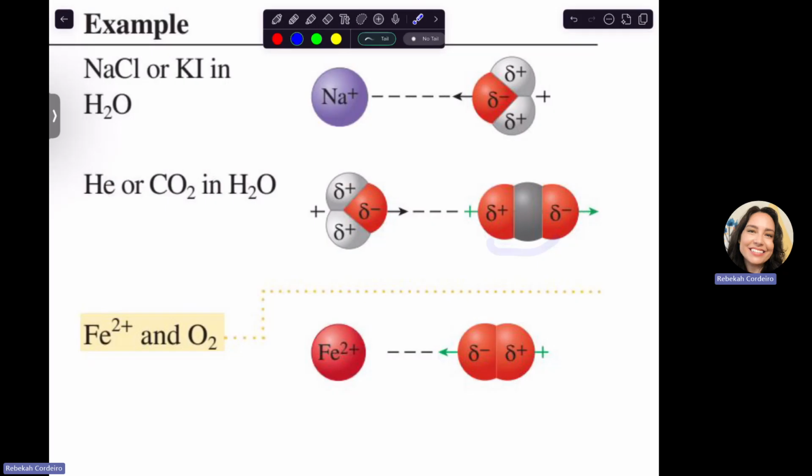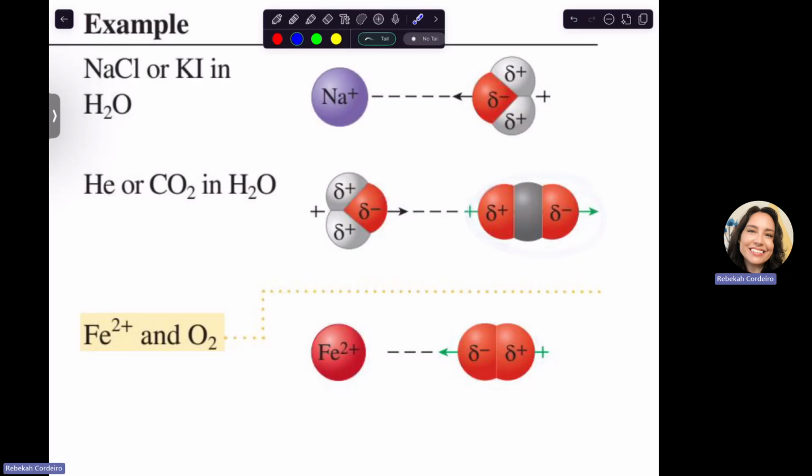We got to have some sort of attraction between carbon dioxide and the water, but carbon dioxide's non-polar, right? It doesn't have any sort of negative and positive areas. Well, water is so polar that it can actually cause CO2 to be polarized. So we call this a dipole-induced dipole interaction.